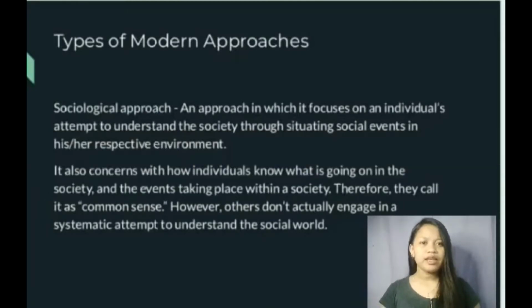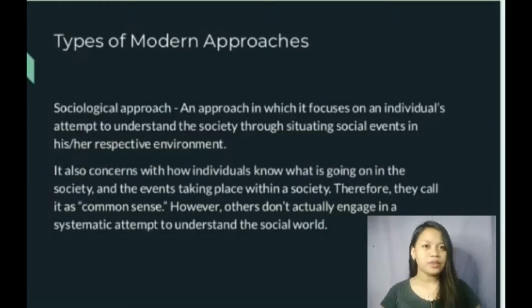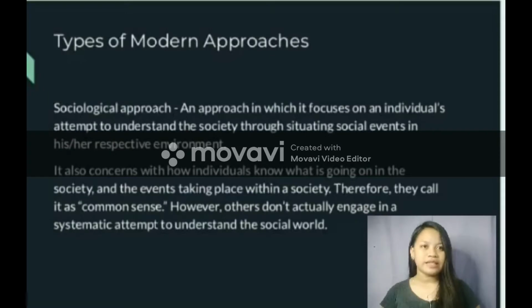So, the sociological approach also concerns how individuals know what is going on in a society and the events taking place within a society. Therefore, they call it common sense, because many people believe that they understand the world and the events taking place within it, often justifying it by calling it common sense.